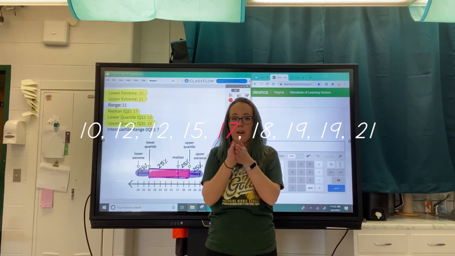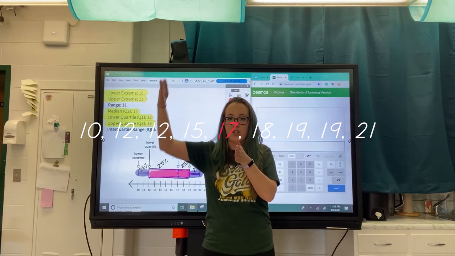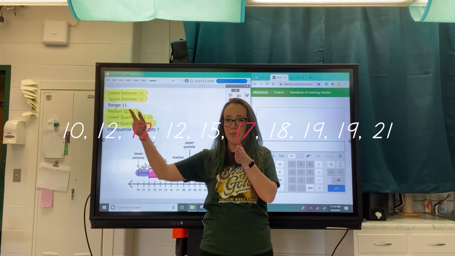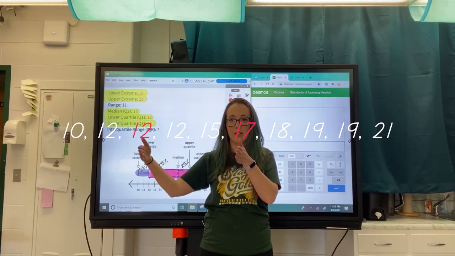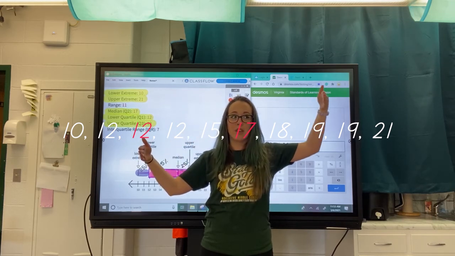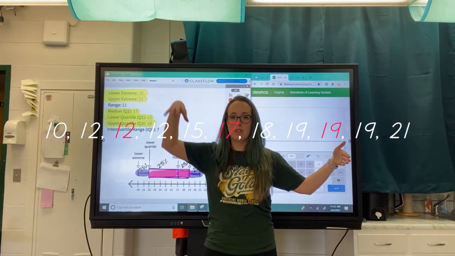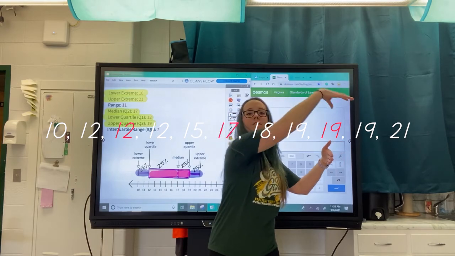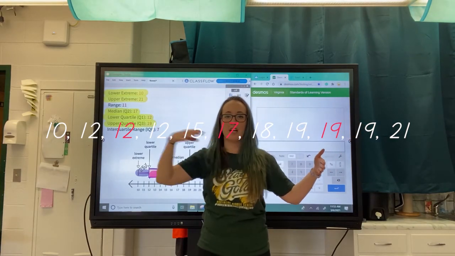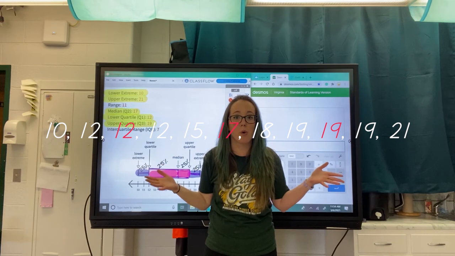And then when we found our next median chunk, we now have 2 sections down here. And then when we split this half by finding the median, now we have 1, 2, 3, 4 sections of data, and each one of those is called a quartile.